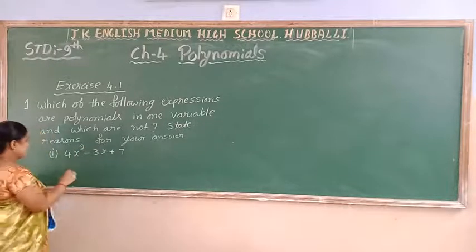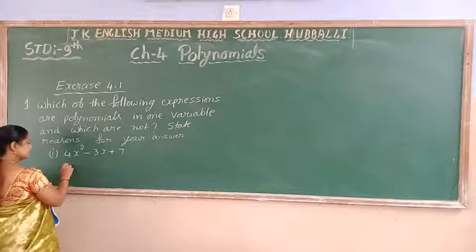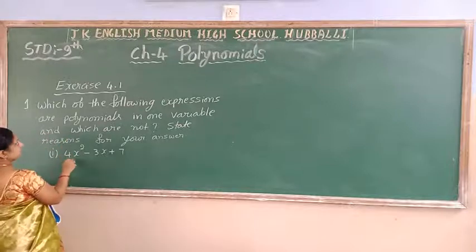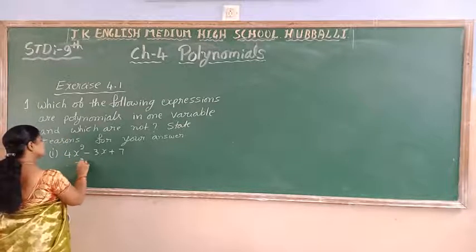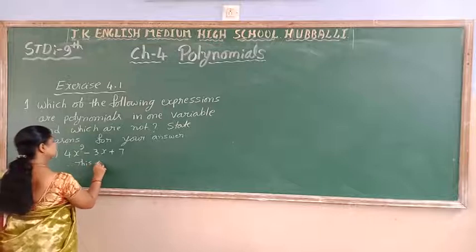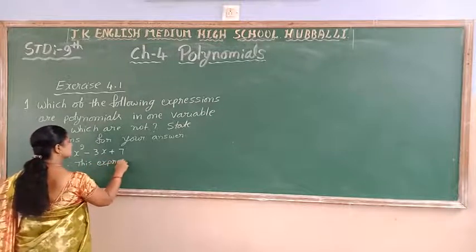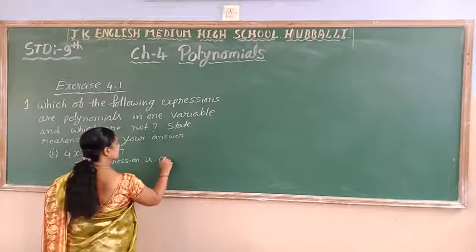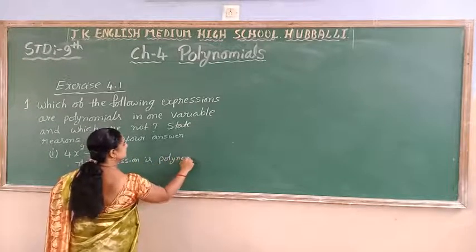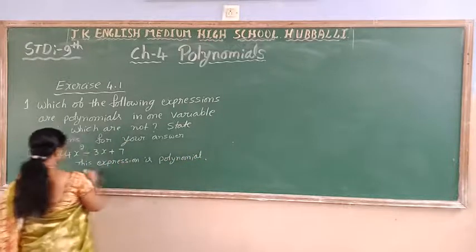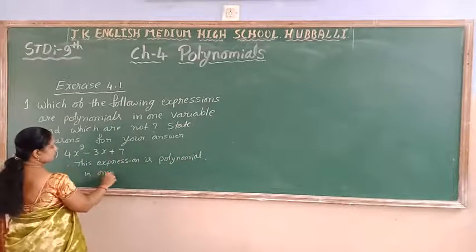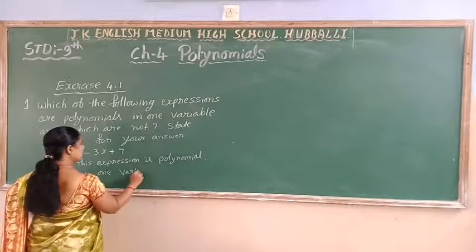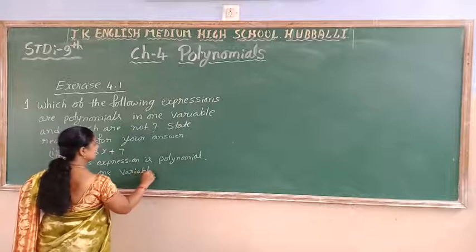So this expression is a polynomial in one variable, because only one variable is there and it is arranged according to the decreasing order of the power.